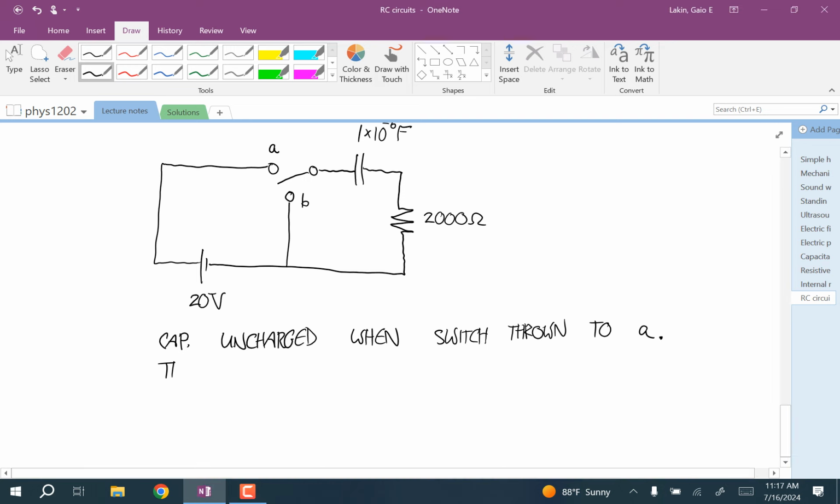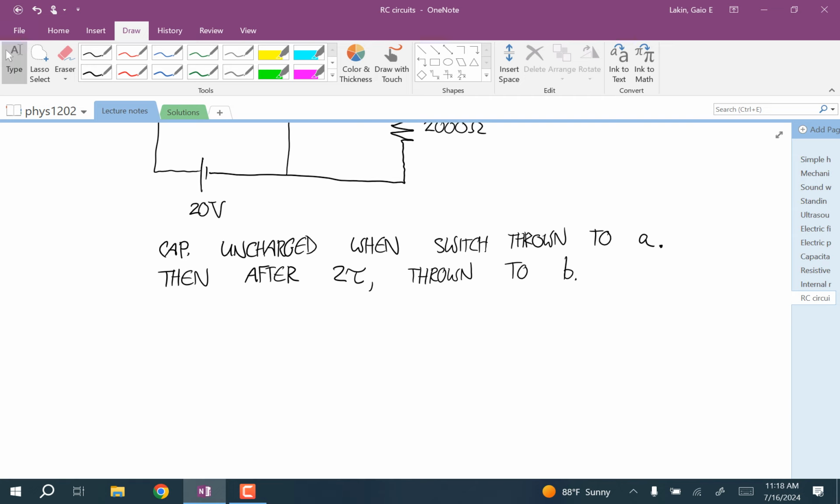Then after 2 times the time constant, the switch is thrown to position B. And we want to calculate two things. We want to calculate the current and the voltage in the resistor while it's charging.